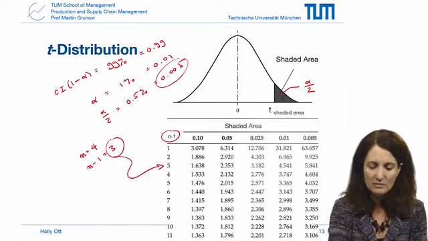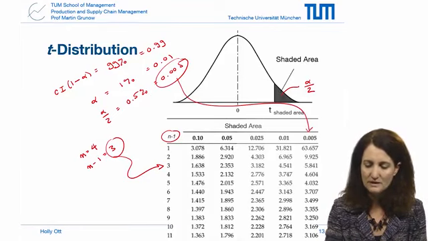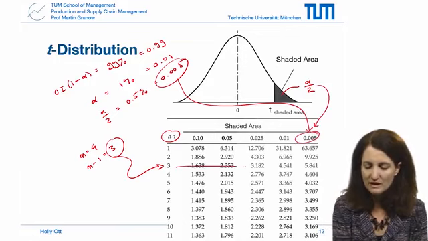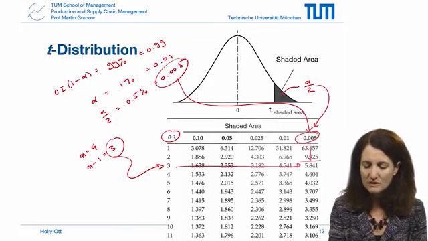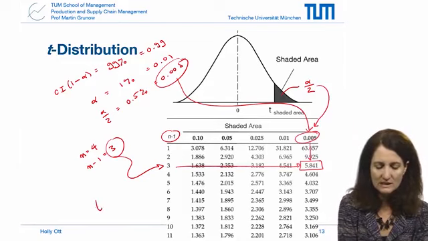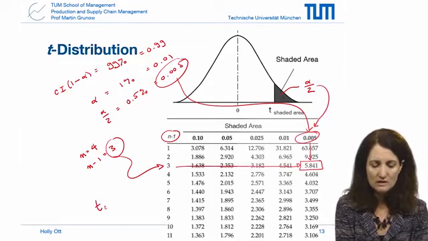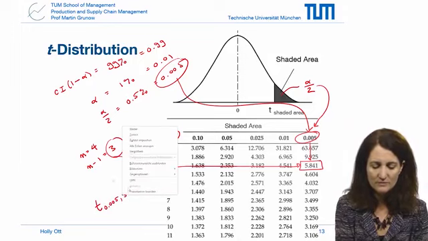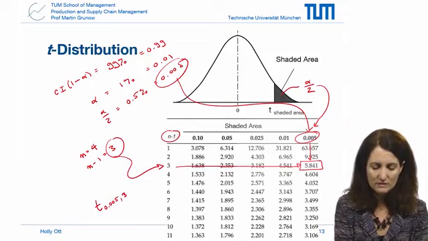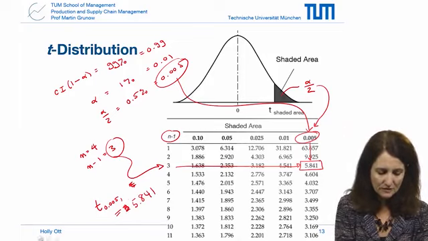We look on our table for the alpha over 2, the shaded area, equal to 0.005. And if you go to the intersection, you see that the T for 0.005 with degrees of freedom equal to 3 is equal to 5.841.